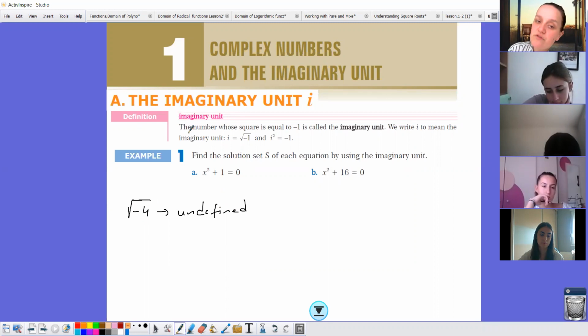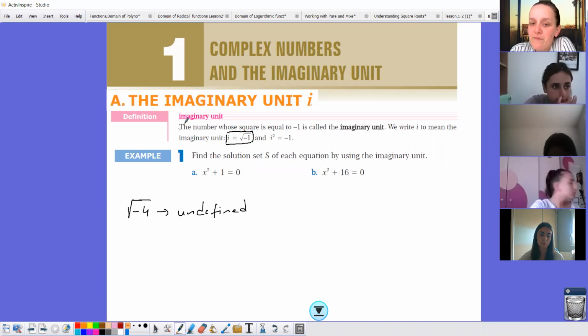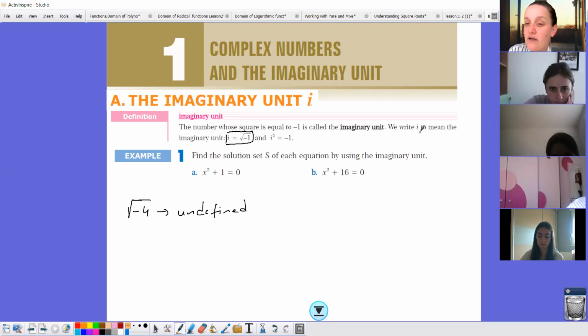What is the imaginary unit? When you have root of -1, girls, we'll call this one the imaginary unit and we'll notate it with i. The number whose square is equal to -1 is called the imaginary unit. We write i to mean the imaginary unit. What does it mean?